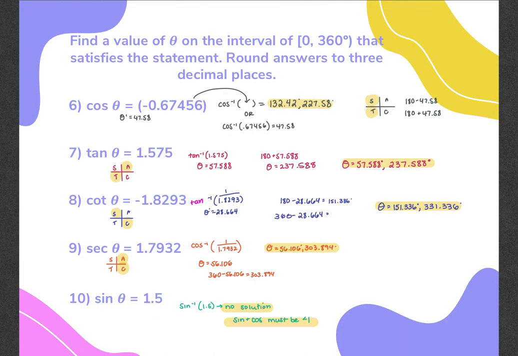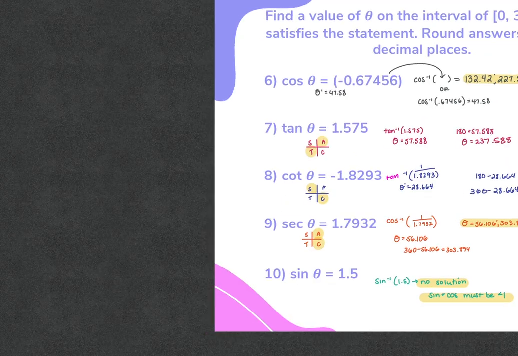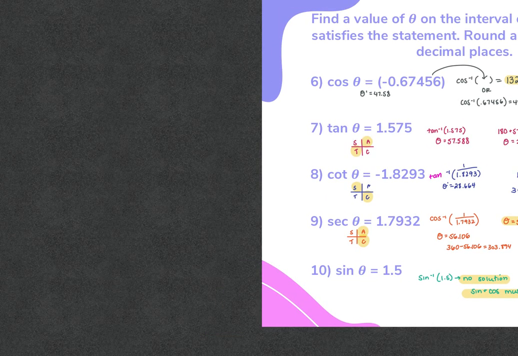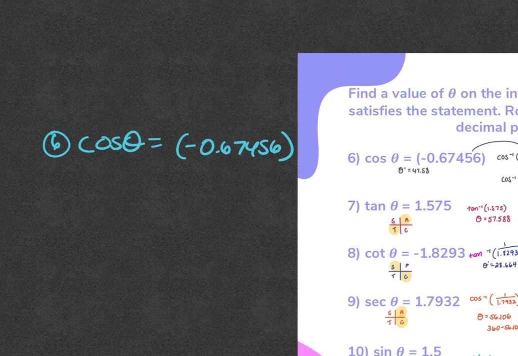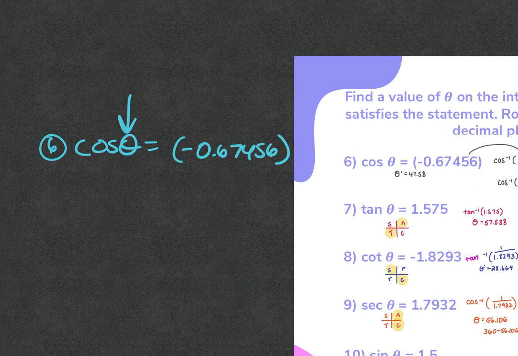Then you come to the inverse ones, and this is where it gets a little bit trickier. So let's say I do cosine, I'm going to do 6 first. Cosine of theta equals negative 0.67456. First of all, when I'm looking for the angle, if it's negative, I'm changing it to positive.